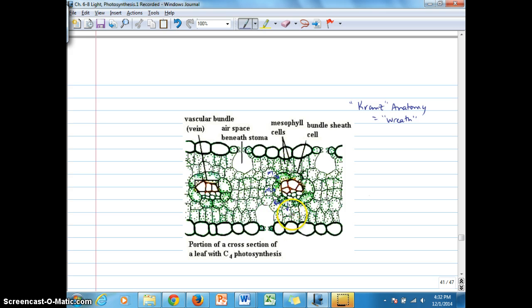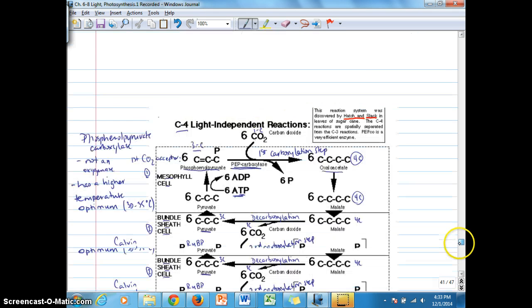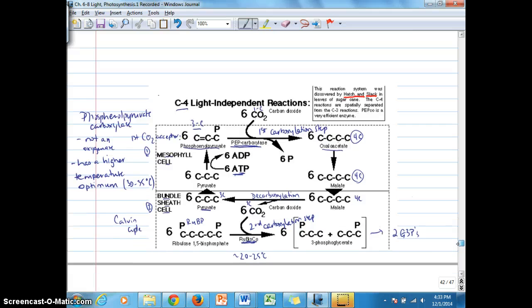So it's a very efficient arrangement of these cells to make sure CO2 is captured, that it's fixed to become a 4-carbon molecule and delivered to the Rubisco enzyme, where it now is highly concentrated in the vicinity of Rubisco, in comparison with the concentration of oxygen. So this increases the CO2 to oxygen ratio at the site of Rubisco.